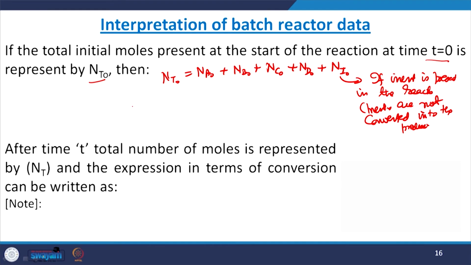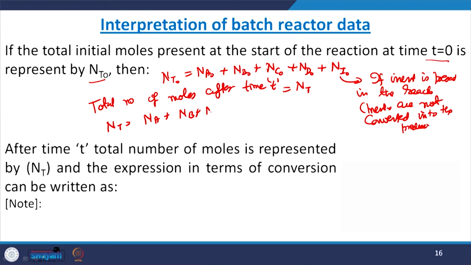So, total number of moles at time t, let us say they are equal to Nt. So, Nt is equal to Na plus Nb plus Nc plus Nd plus Ni.